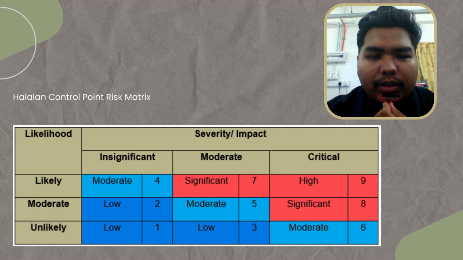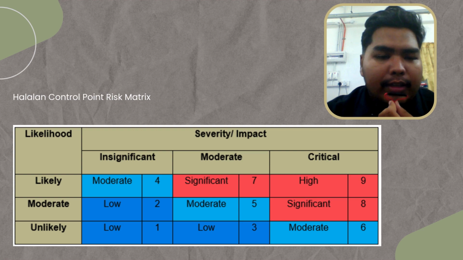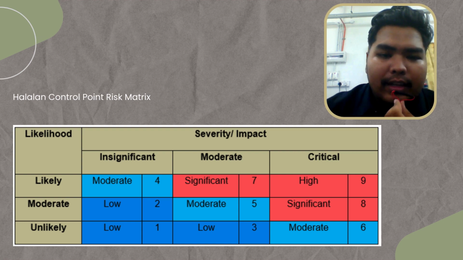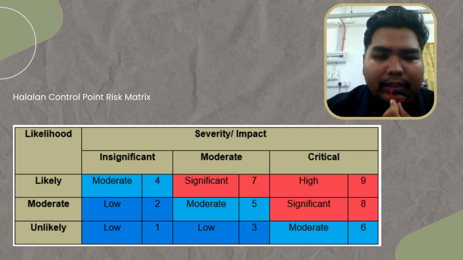Okay. Next we go to how to determine whether the process is HCP or not. This table you can see is the halal control point risk matrix. We can determine if a process is HCP or not. Okay, first we get the likelihood and severity. For example, if the likelihood we get is unlikely and the severity impact we get is critical, you can see here unlikely, critical, the score is 6.